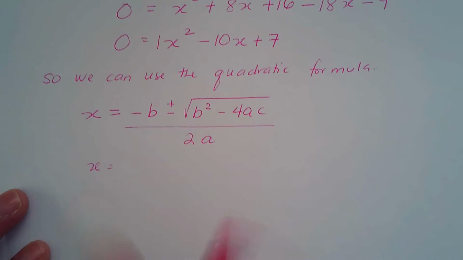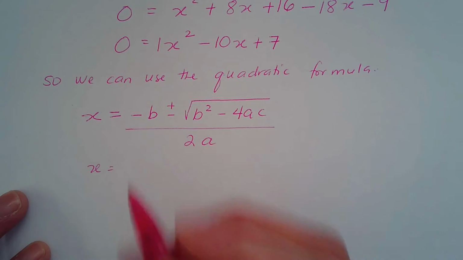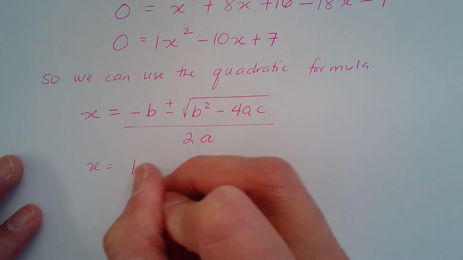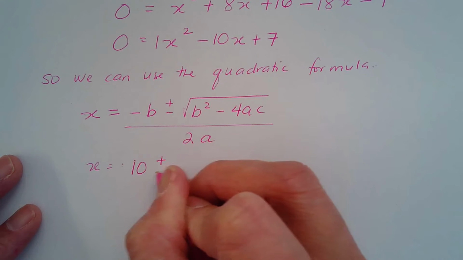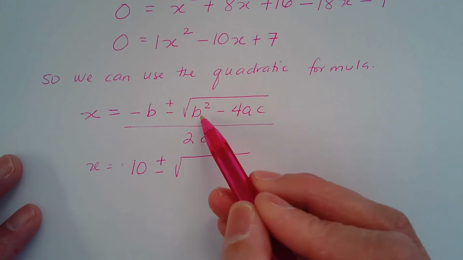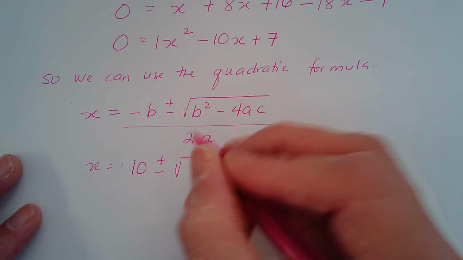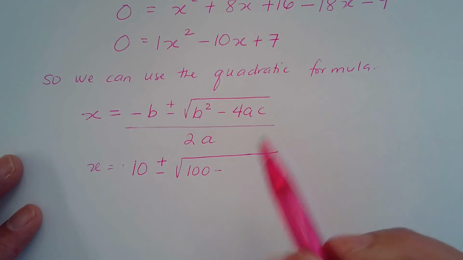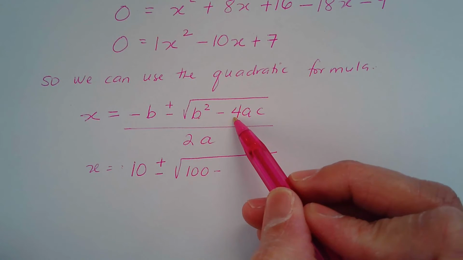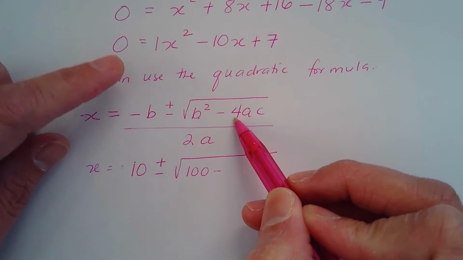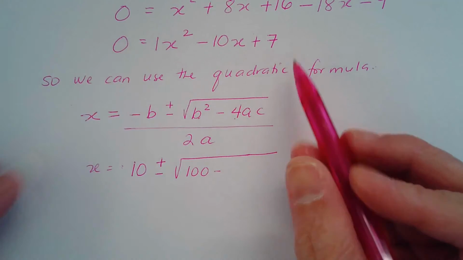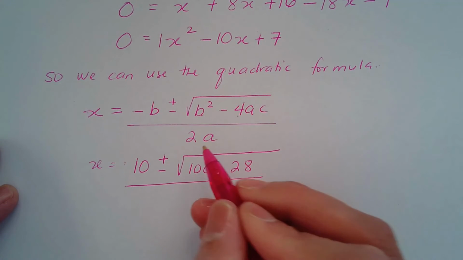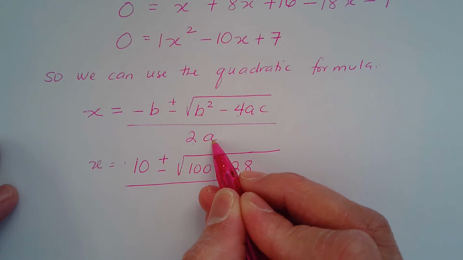So negative b, so that's going to be negative negative 10, so that makes it positive 10. Plus or minus root of b squared, so negative 10 squared, so that's 100, minus 4 times 1 times 7, so that's minus 28, divided by 2 times a, which is 1, so 2.